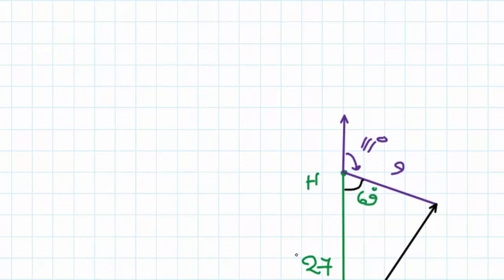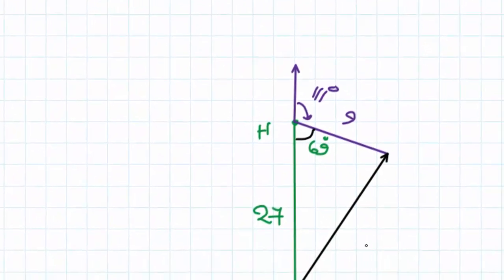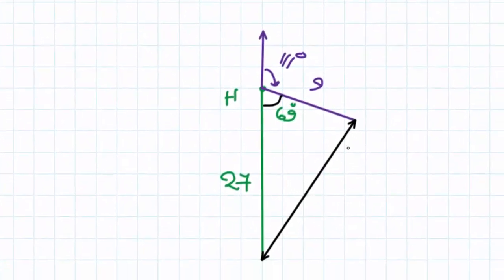Now we know the length of two sides with the angle between them. We want to find the length of this side. This angle is H capital, so let's name this side h small. And these angles, they have no name. Let's just name them I and Q. It's just a name, it doesn't matter.